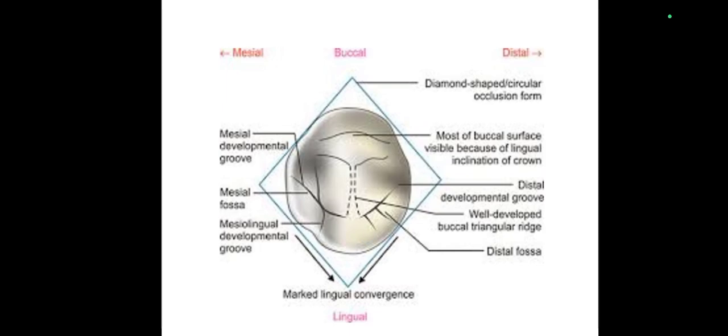Maxillary first premolar features the mesial marginal groove. It's a distinct developmental groove that crosses straight over the mesial marginal ridge. Mandibular first premolar features the mesiolingual developmental groove.